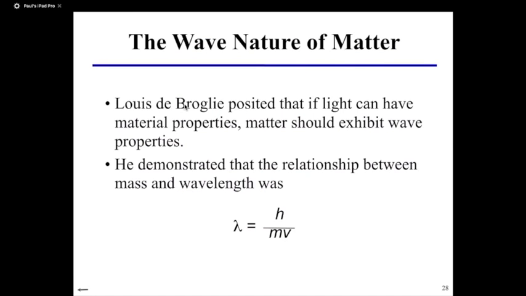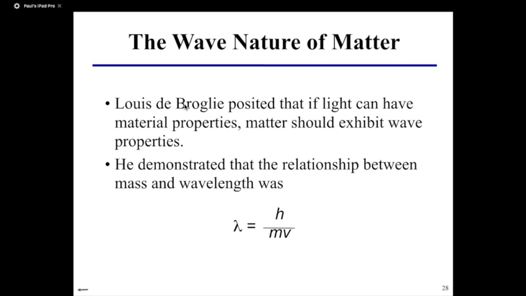Now, we now know it's quantified. We know that there are levels in which electrons actually live. There's another idea about light, and it's because light has both properties of a wavelength, like energy, and properties of a particle.